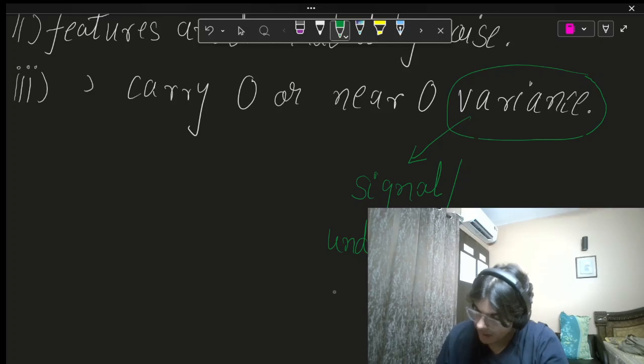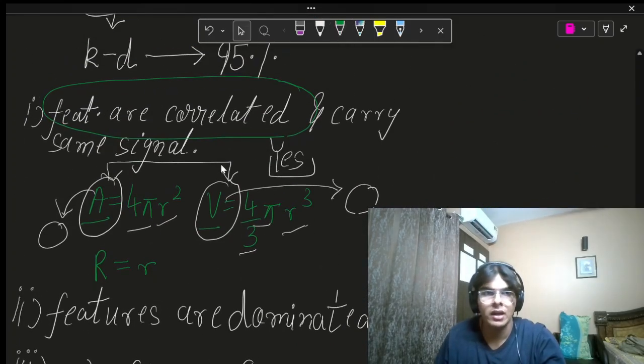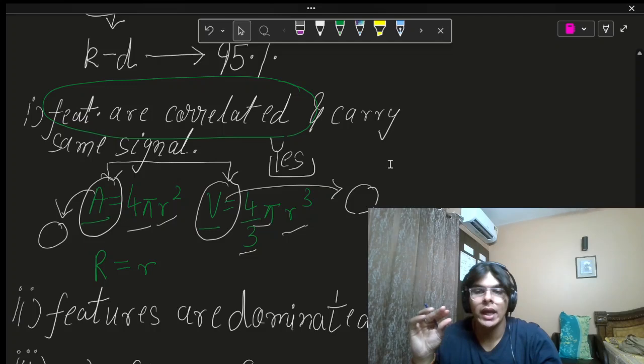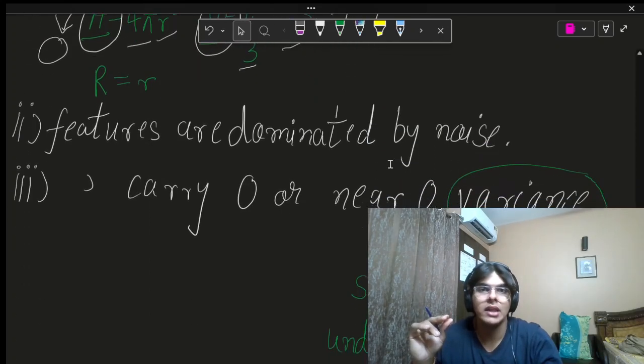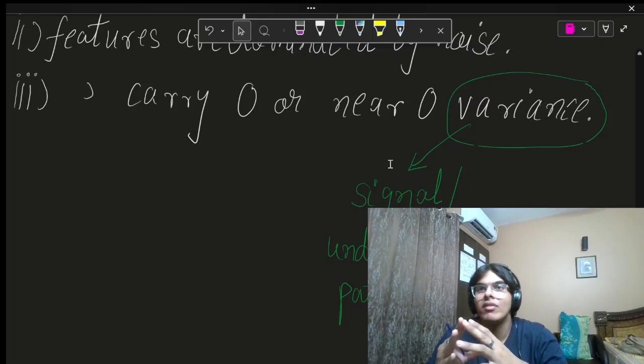So, as we discussed in the first point, let me quickly scroll back up just a second. As we discussed in this first point right here, features are correlated and they're all carrying some signal, and we don't want the same signal. We want different signals. So whenever we are talking about differing values, we are thinking in the terms of variance, because variance is more intuitively related to probability, which is why we can map it to these math concepts.